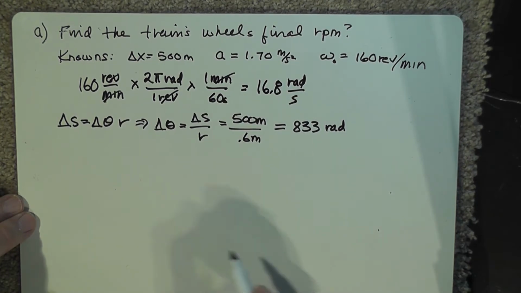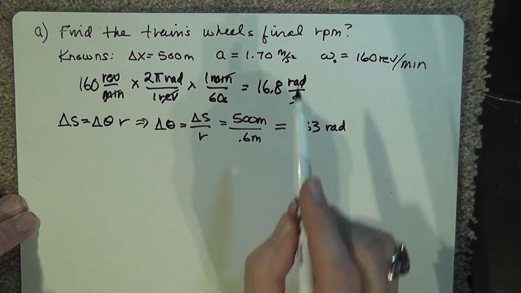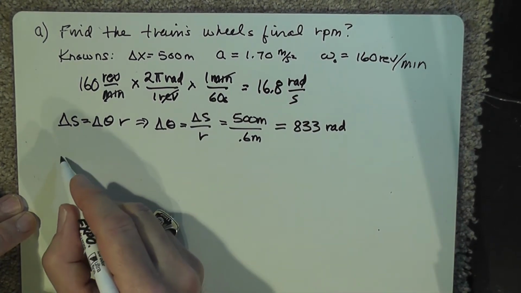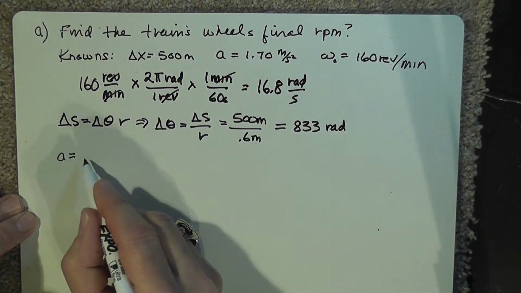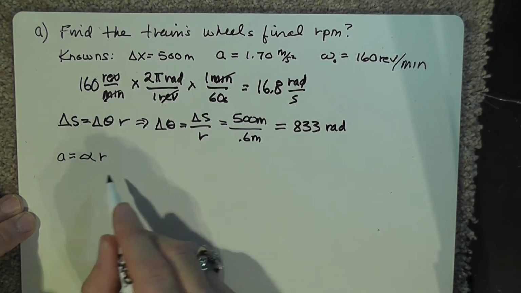What about the acceleration? Well, we're told the acceleration is 1.7 meters per second squared. Acceleration for the conversion is equal to alpha times r. We're going to solve for alpha.